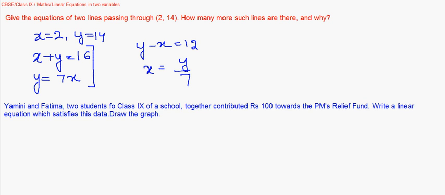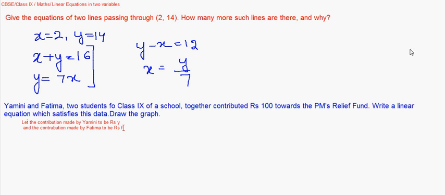Now we have to assume the contribution made by Yamini to be, suppose, y. So we write: let the contribution made by Yamini be rupees y, and the contribution made by Fatima be rupees f.